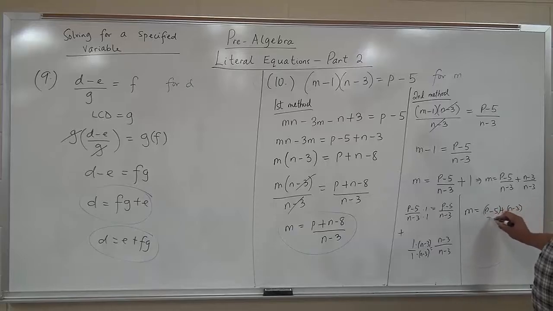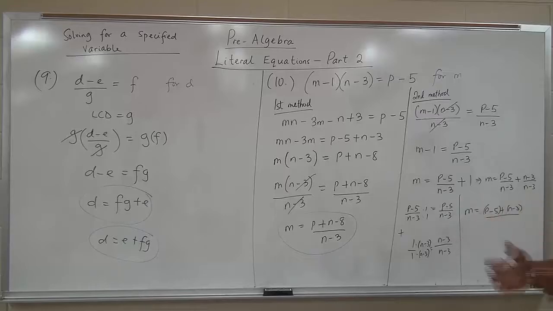I like putting this in parentheses when you join them before you release them. All over n minus 3. So m will be p minus 5 plus n minus 3 all over n minus 3. So our final answer, m will be p plus n minus 8 all over n minus 3. Same answer we got here.